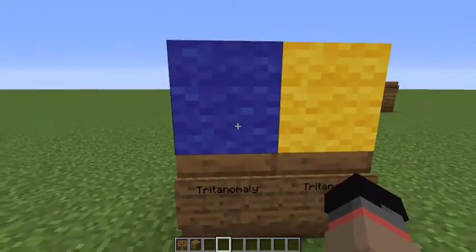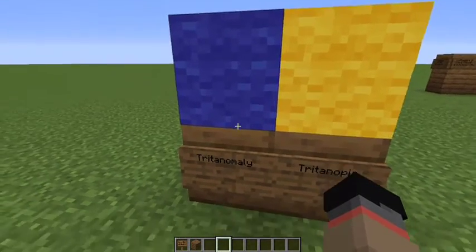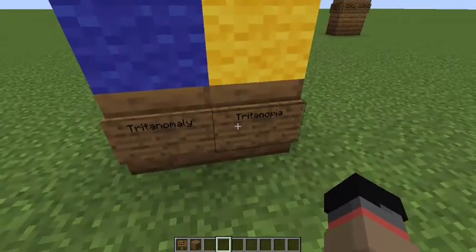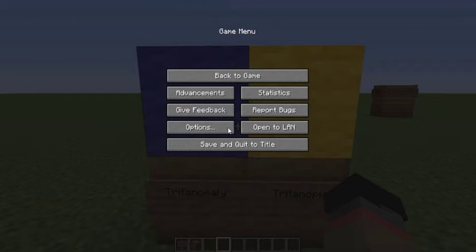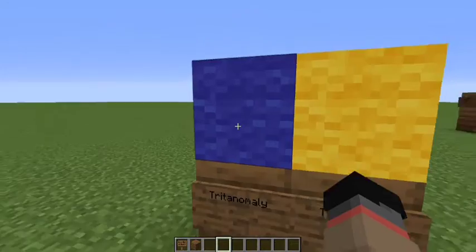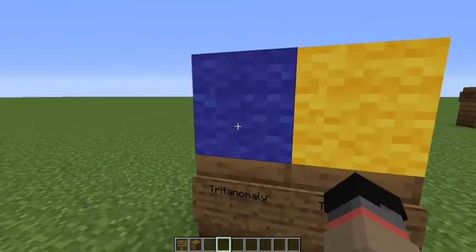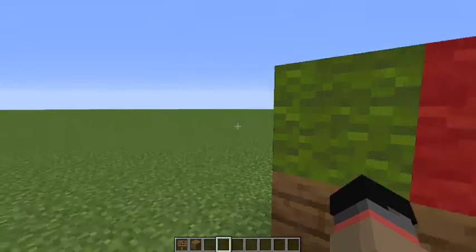Next we have the blue and yellow color blindness. There's tritanomaly and tritanopia. What are the meanings of these? Let me explain. For tritanomaly, it's hard to differentiate between blue, yellow, red, and green.